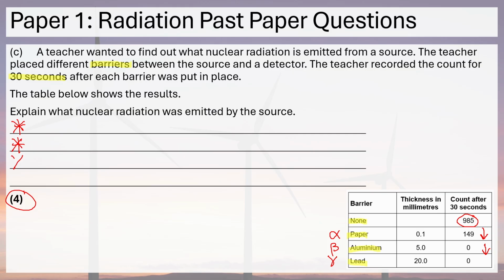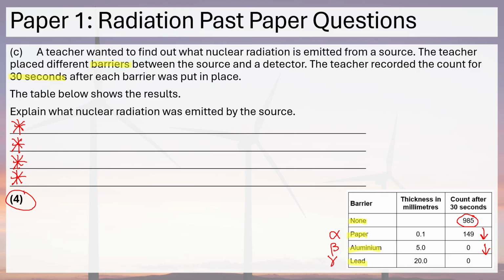And now we're going to look at the information in the table and then turn that into an answer. So what we see is that when we put the paper in, the count goes down. We know that therefore there must be alpha radiation because otherwise, if there was no alpha radiation, the count wouldn't change.